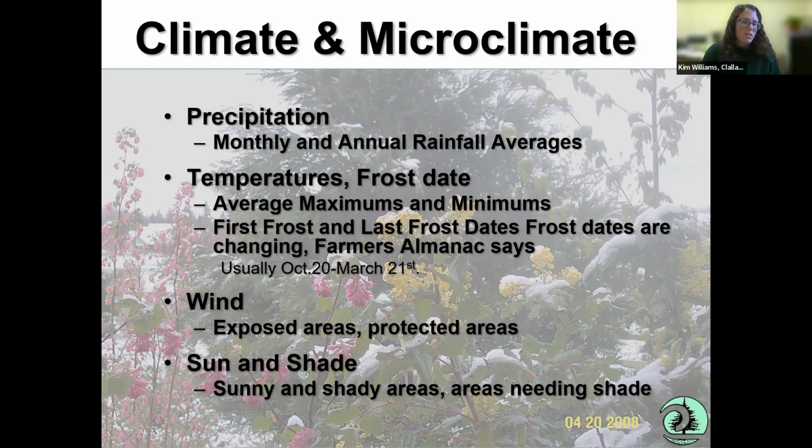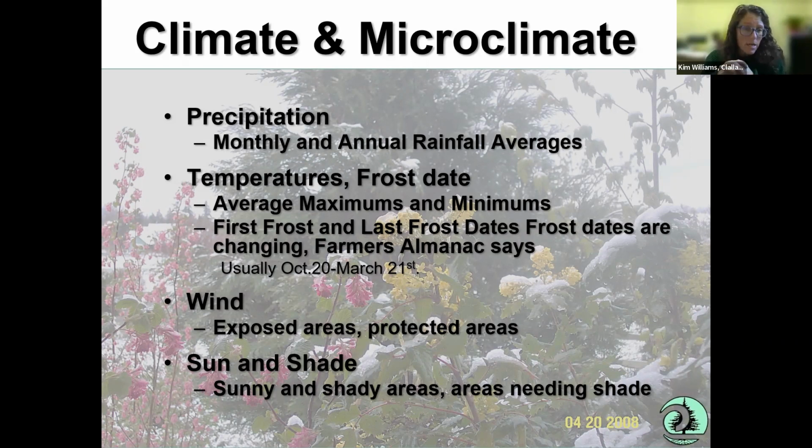There are more and more weather extremes these days, so temperatures and frost dates are constantly changing. First frost dates and last frost dates, you need to just do your best and take an average of these. Really take a look at it to know where you're at with those.